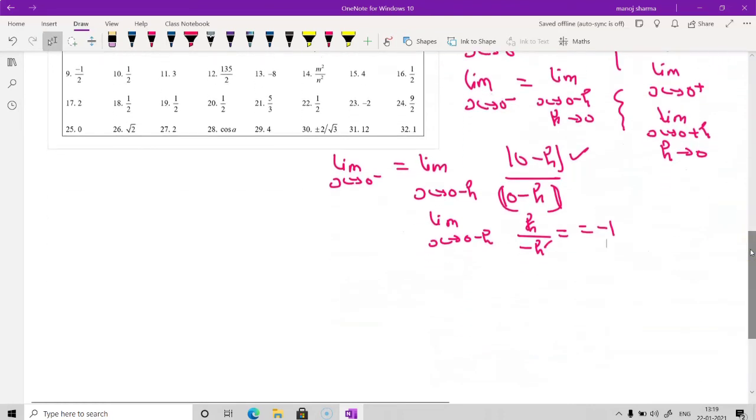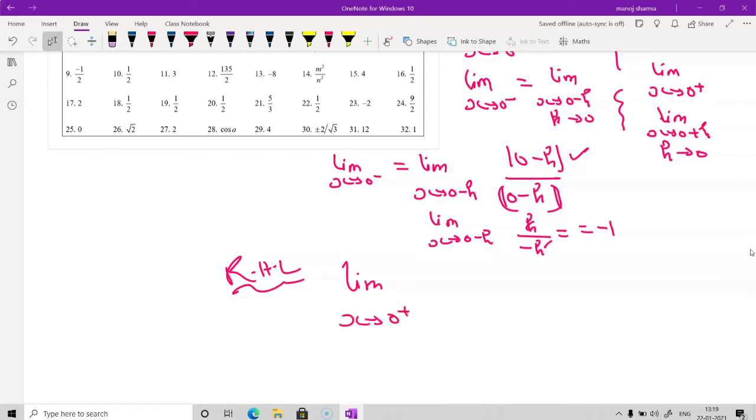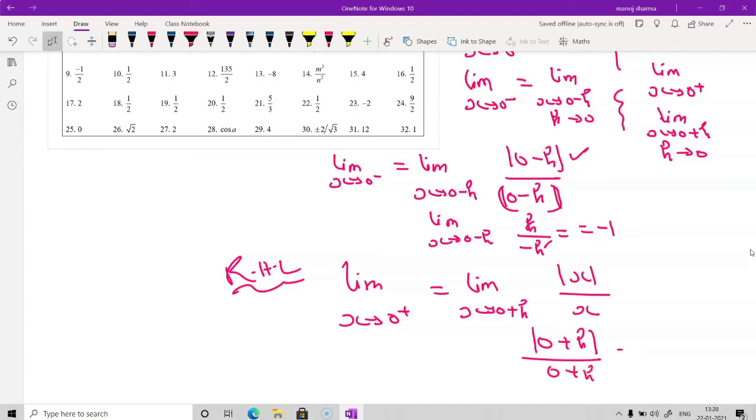So let's see the right hand limit. Now the right hand limit, let me write RHL, limit x tends to 0 plus, I am taking it as limit x tends to 0 plus h, it is mod x upon x, it is mod of 0 plus h, and here it is also 0 plus h, it is going to be h upon h.